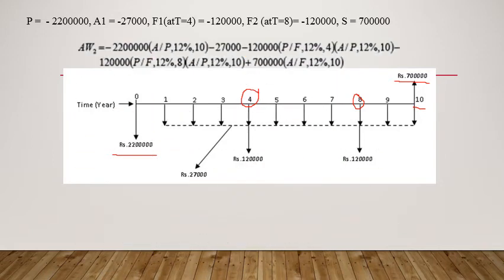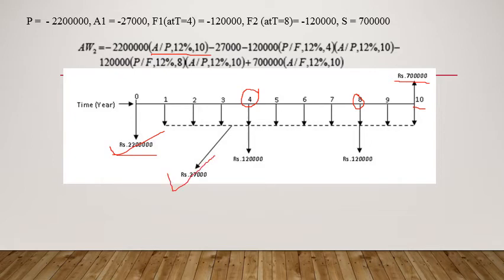Again, let us convert everything into A. 22 lakhs, where is it situated? It is at t is equal to 0. It is at the end, so there is no problem for me. I can straight away use the factor A by P comma 12 comma 10. So P is done. Next, 27,000. What is this 27,000? It is an equivalent annual cost already.